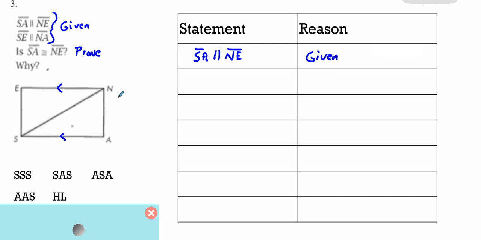Well, if we have parallel lines and a transversal, which is what NS is, we can say that this angle and this angle are congruent, and that would be angle ENS. These are ones that you have to name with three letters. ENS is congruent to ASN.